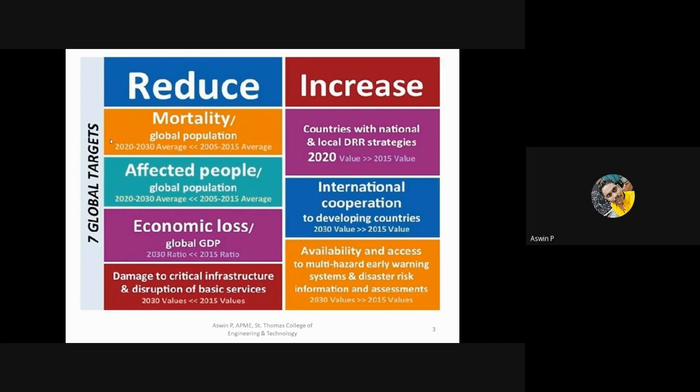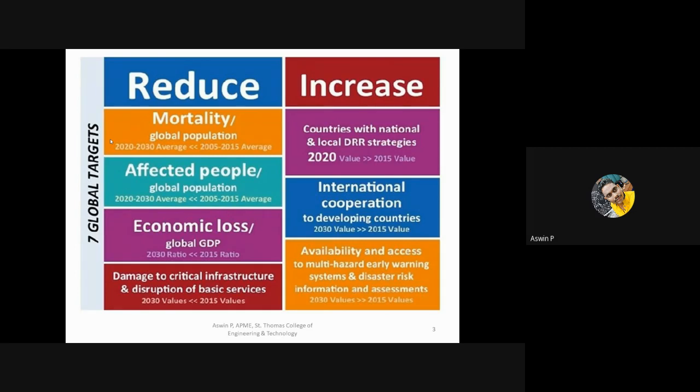Now we are focusing on increasing the availability and accessibility of early warnings. Some people in remote areas will not be able to get the details of the warning. In such cases, we need to guide them properly. For that, we should increase the number of early warning systems. This is the final global target. So please note that there are 4 reducing targets and 3 increasing targets. These are the things we have discussed till now.